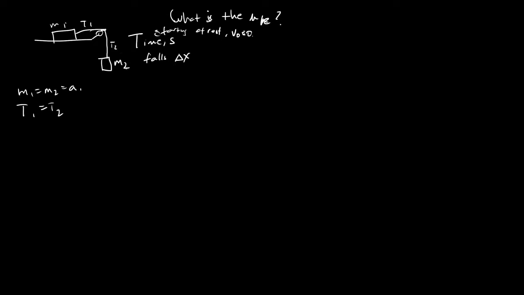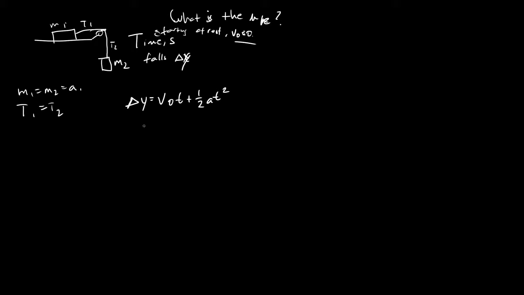So how would you calculate acceleration if this falls some distance after a given time? So the change in y is equal to, if you remember your kinematics equation, v naught times time plus 1/2 a t squared.